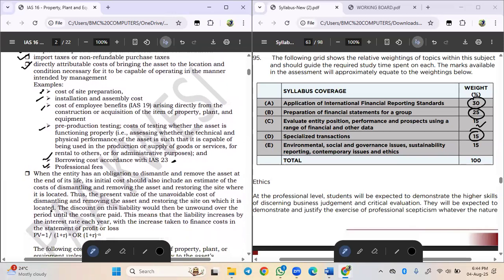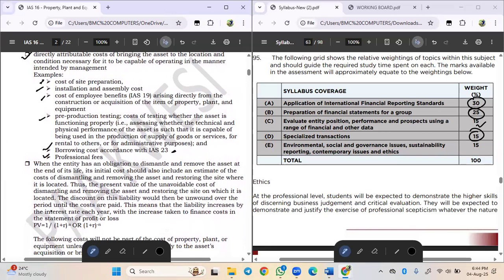Okay. And also we have something we call dismantling cost. Okay, so sometimes you as a company, you are obliged to dismantle and remove the assets at the end of its useful life.